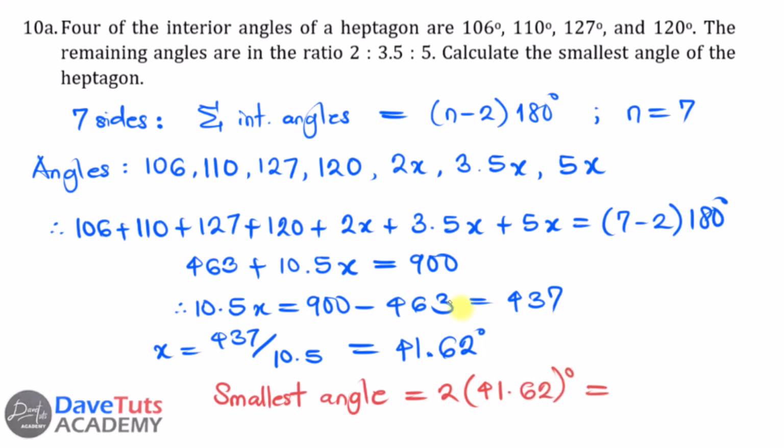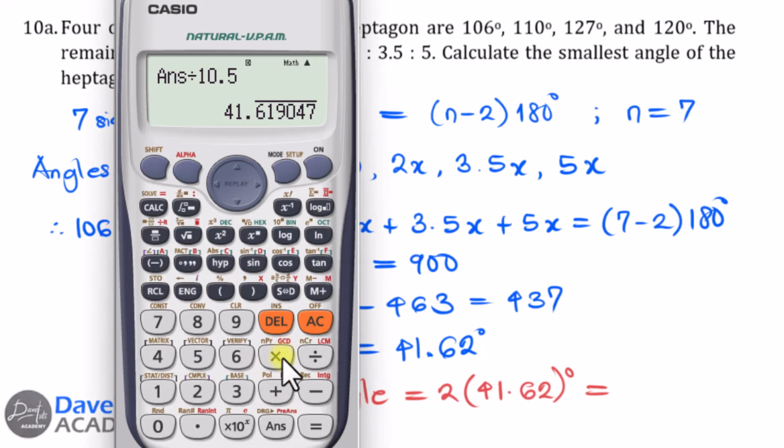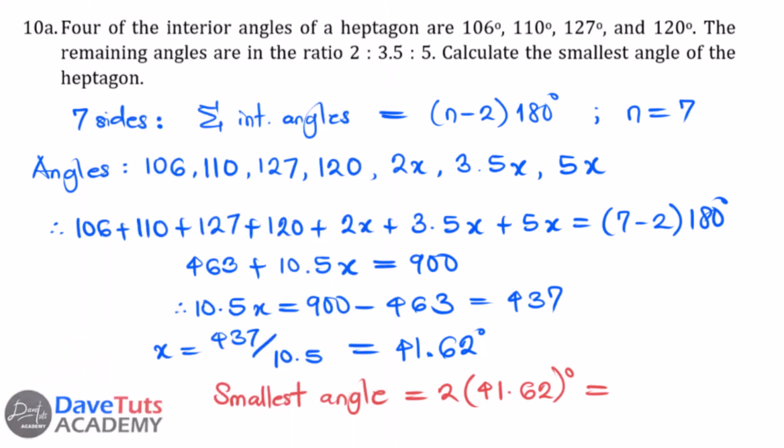Using a calculator, multiplying by 2 gives 83.24 degrees as the smallest angle for this heptagon.